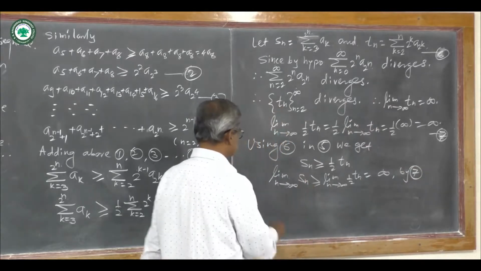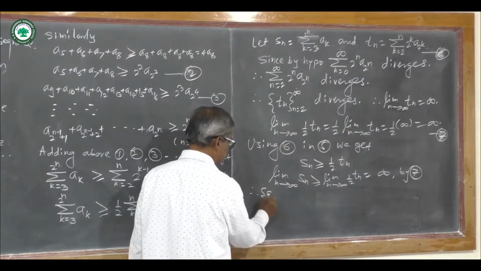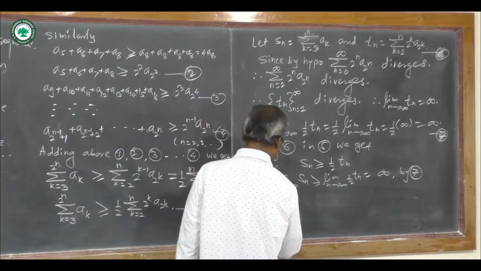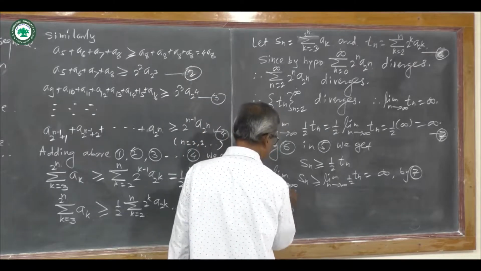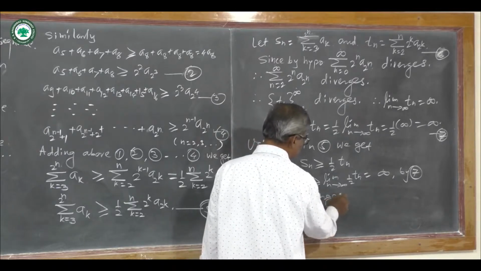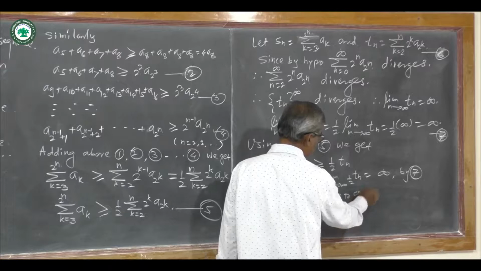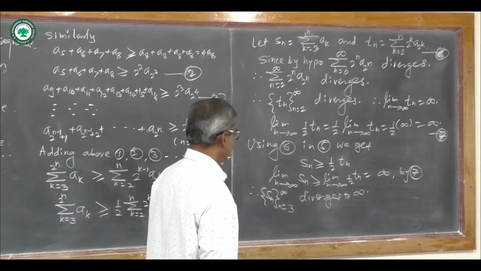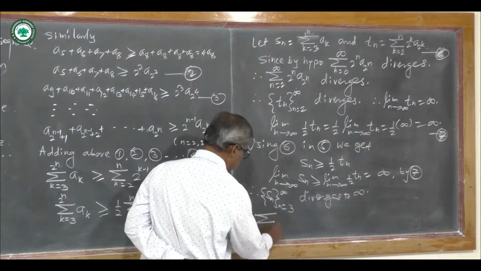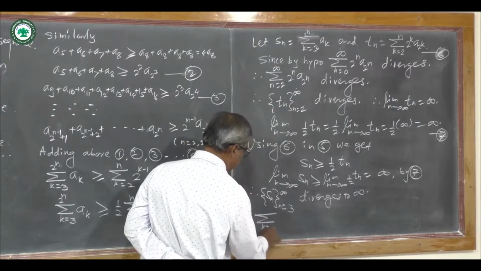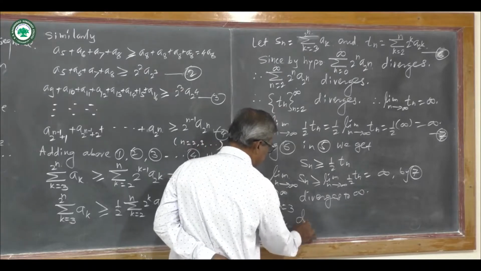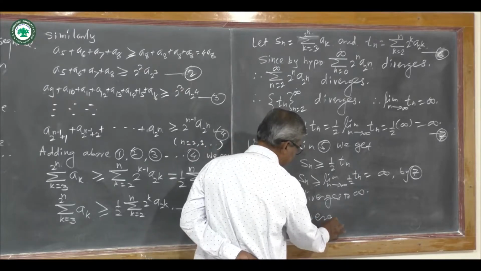Therefore, sequence Sn, n is equal to 3 to infinity, diverges to infinity. Therefore, corresponding series summation k is equal to 3 to infinity A suffix k diverges.